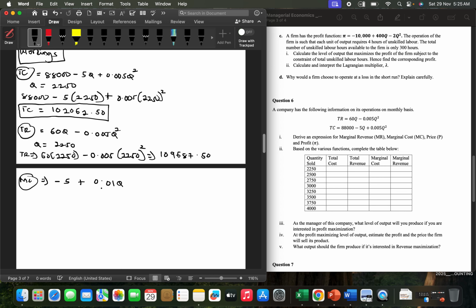So that's our marginal cost function. The same thing. You pick the first output, which was 2250.